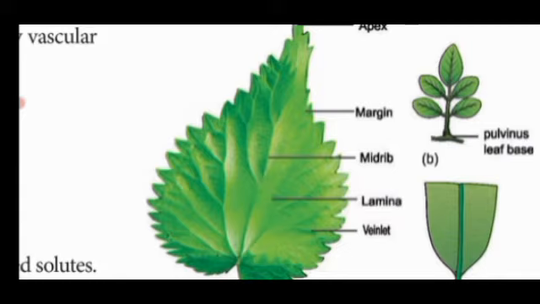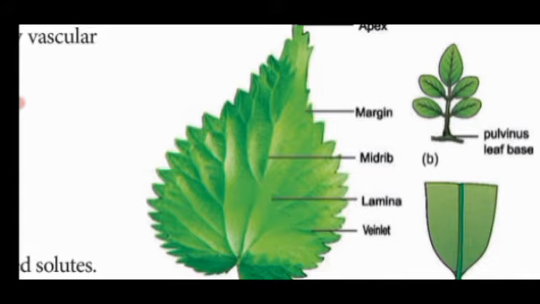The lamina is traversed by a midrib, that is a vein, from which numerous lateral veins arise, and thin veinlets arise from them. The lamina shows great variation in its shape, margin, surface, structure, color, venation and insertion. Different types of plants possess different shapes and different margins in their leaf lamina.